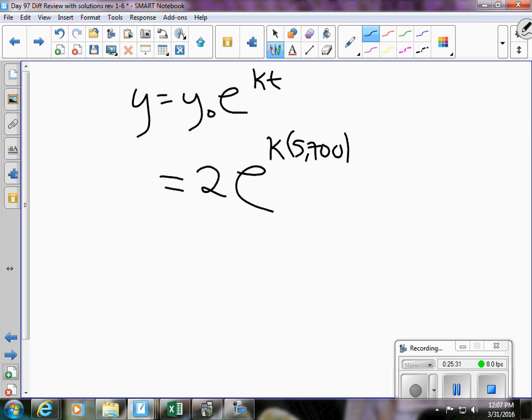So, if you start with 2 grams or whatever it is, after 5,700 years, how much are you going to have? 1. Right? You could put in a 4 and a 2 or a 6 and a 3, because that very next step when you divide, you can divide by 2. What are you going to have on this side?